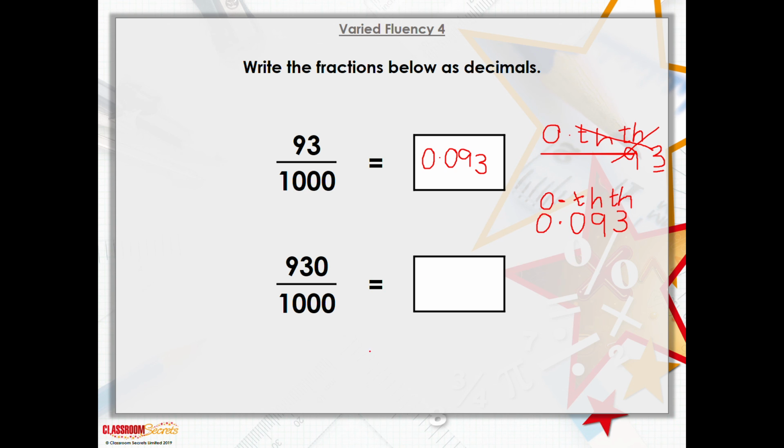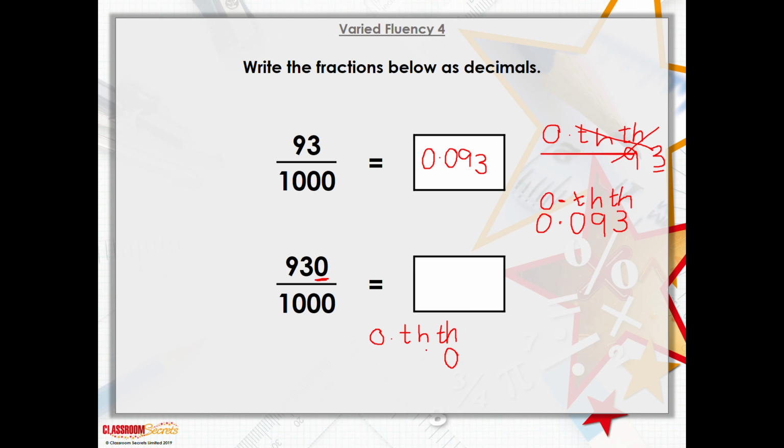So let's have a look at this next one using that same method, working backwards, because you may find it a little easier. So there's my tenths, my hundredths, my thousandths column. This time I've got 930 thousandths. So this 0 here needs to be in the thousandths column.